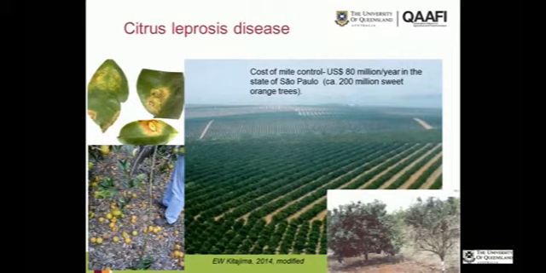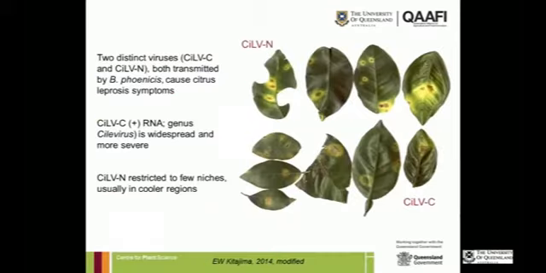And the interesting thing with citrus leprosis is that it is caused by two distinct viruses. It is caused by a cytoplasmic virus, and it's caused by a nuclear virus, and they're both transmitted by these false spider mites. One is a positive sense RNA virus.